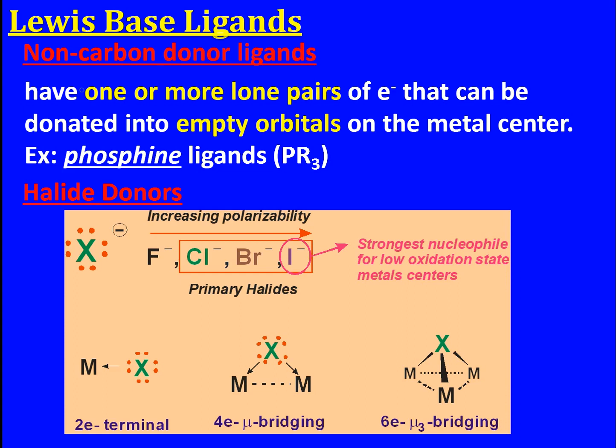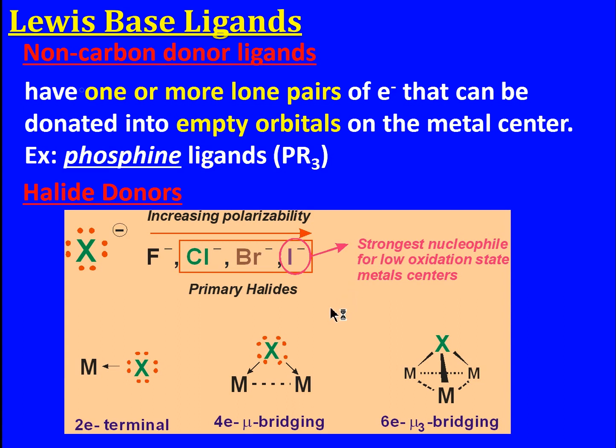The second type of ligands are the halide donors, and in general, we use halides because the bond M-halide is weak, so M can release the halide easily. And we have F minus, Cl minus, Br minus, and I minus.